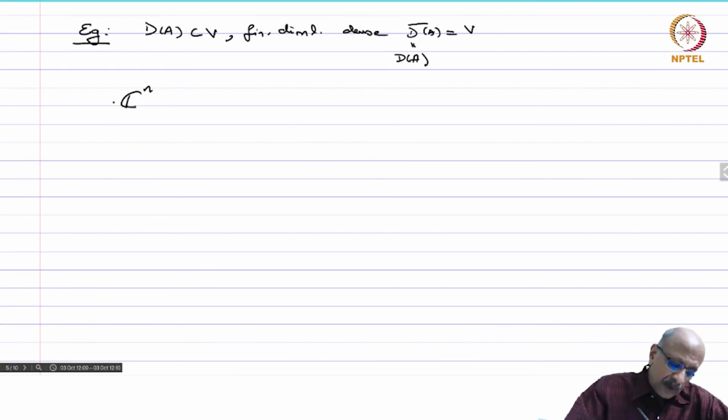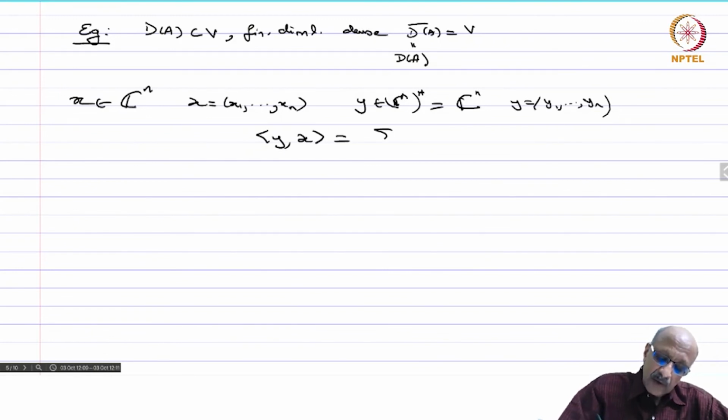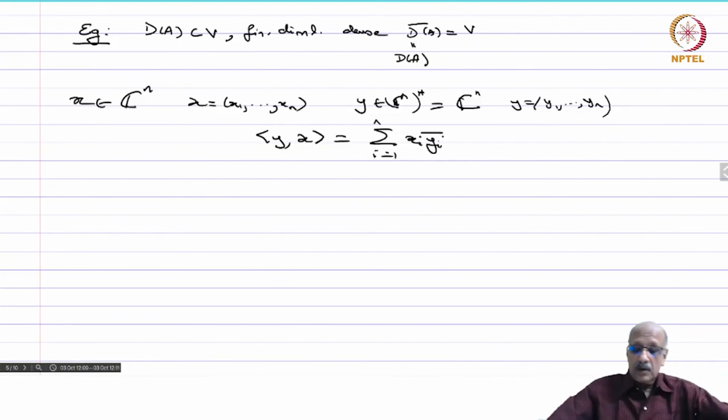If x belongs to C n, namely x equals x1 to xn, and if y belongs to C n star, which is also C n again, and y equals y1 to yn, then the duality bracket y of x is nothing but the sum over i equals 1 to n of xi times yi conjugate.